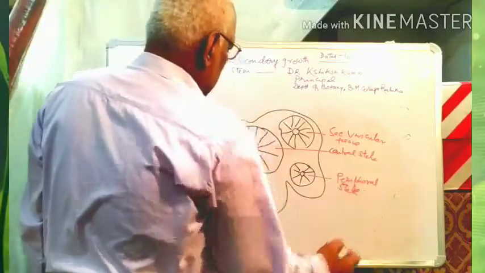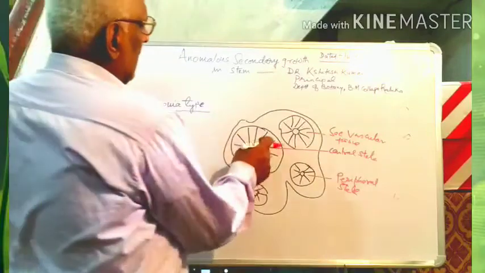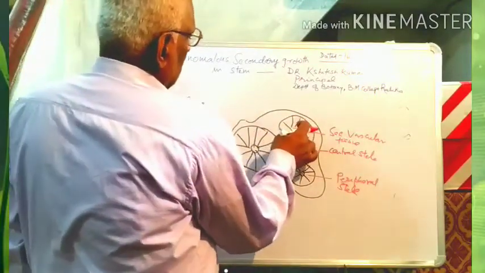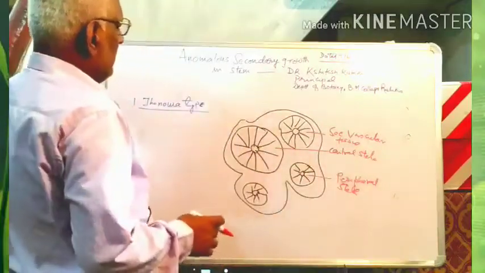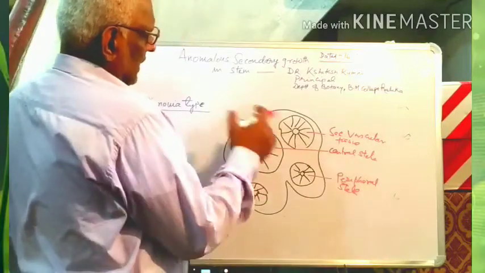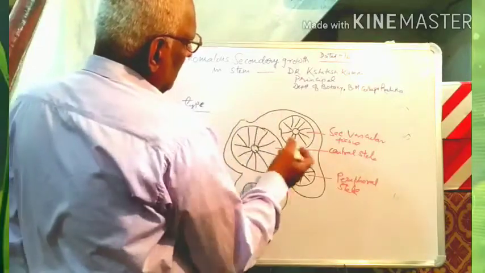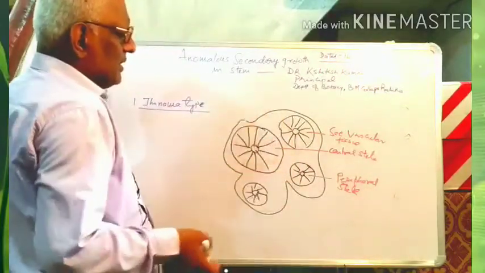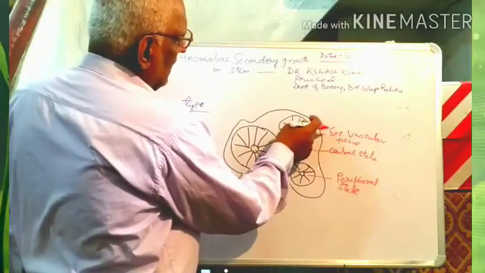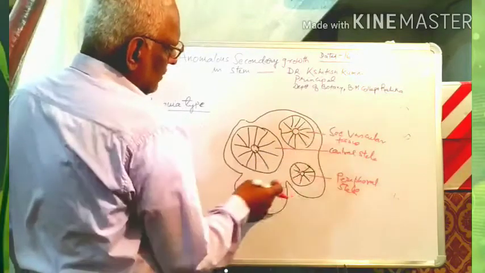So these are the structures formed after each stele is formed by a separate ring of cambium that is formed later on. The cambium forms ridge-like structures, and each ridge gets separated and forms a ring-like structure, and later the secondary vascular tissue.